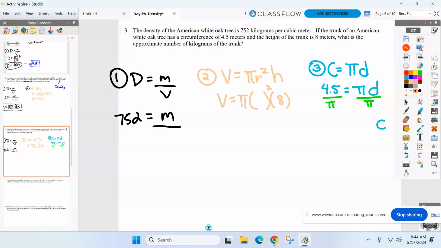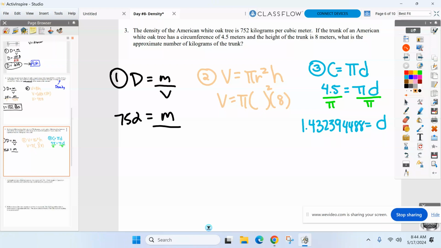All right, so I'm going to say d equals, and here comes a decimal, I'm not rounding. All right, there's the diameter of the tree.